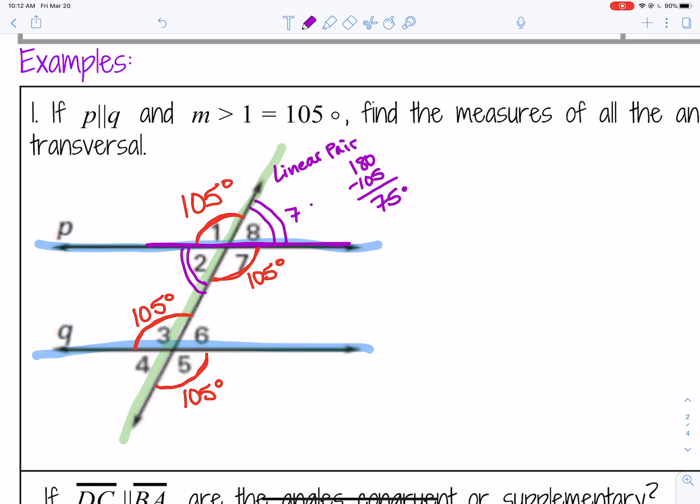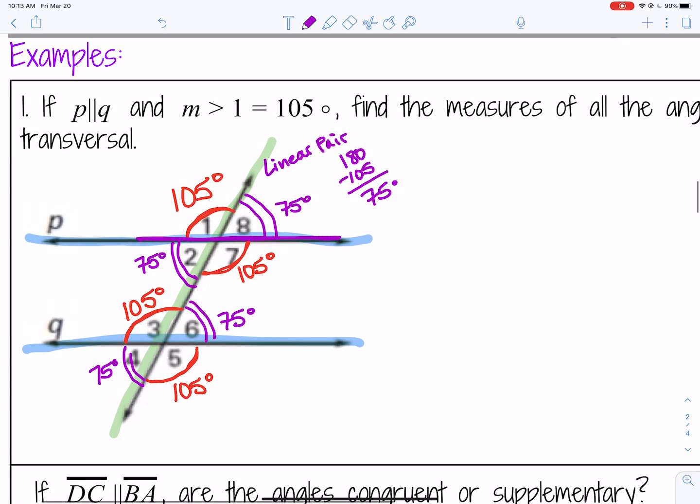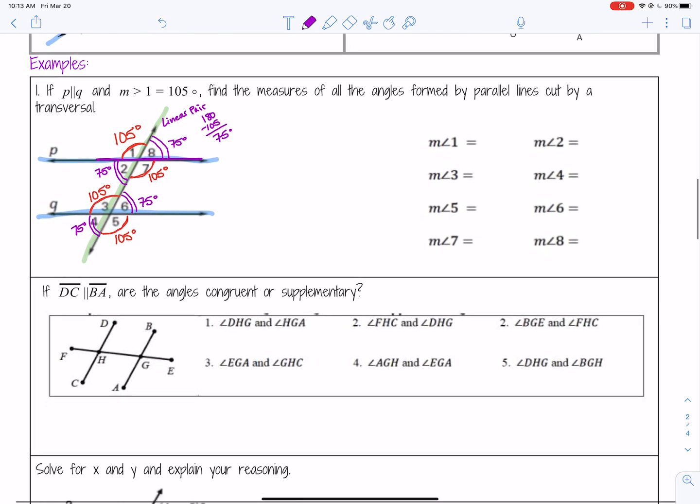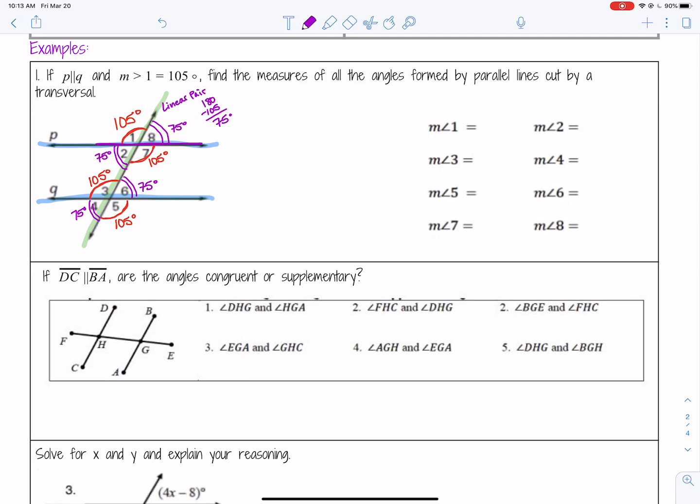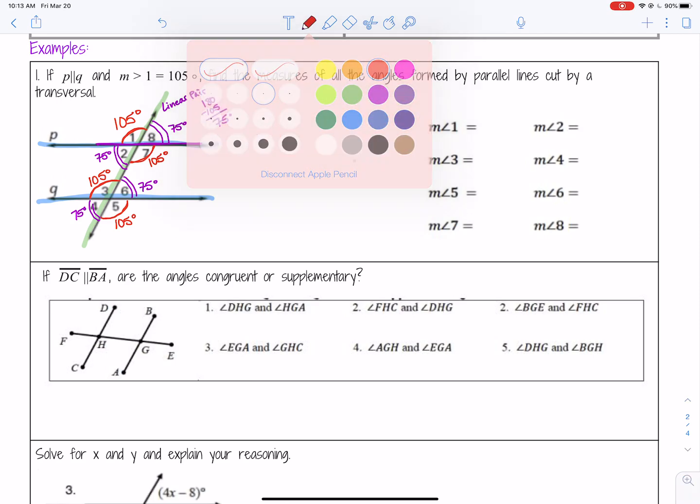And that would be angle 8, which would also be angle 2 because they're vertical angles. Angle 8 is corresponding with angle 6. So that makes that one also 75. And then angle 4 is vertical to angle 6. So that takes care of all of the angles. Let's just fill that in our answers over here. So let's see. 1 was 105.